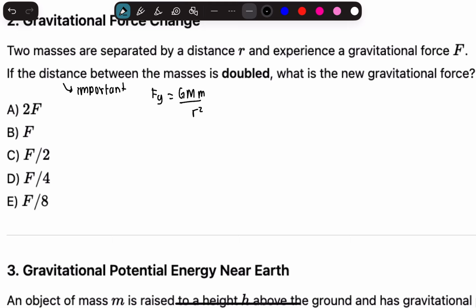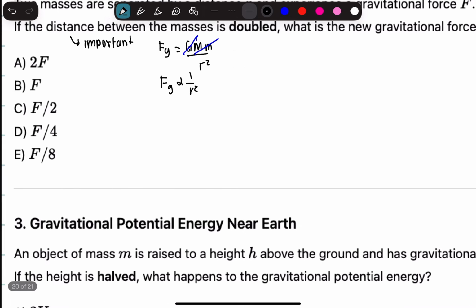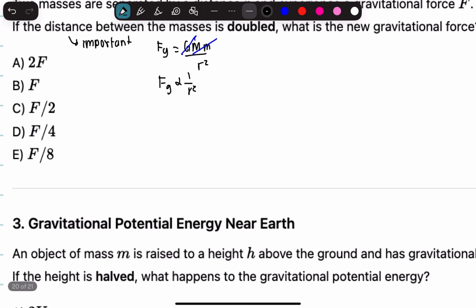And the proportional form of this is just Fg is proportional to 1 over r squared. Because these are constants, which will be things that you will plug in, so they don't really matter. And the change is going to be r to 2r, so then you apply the inverse square.